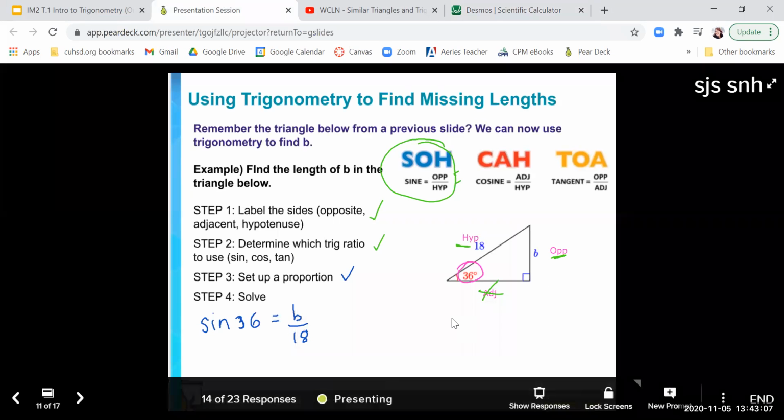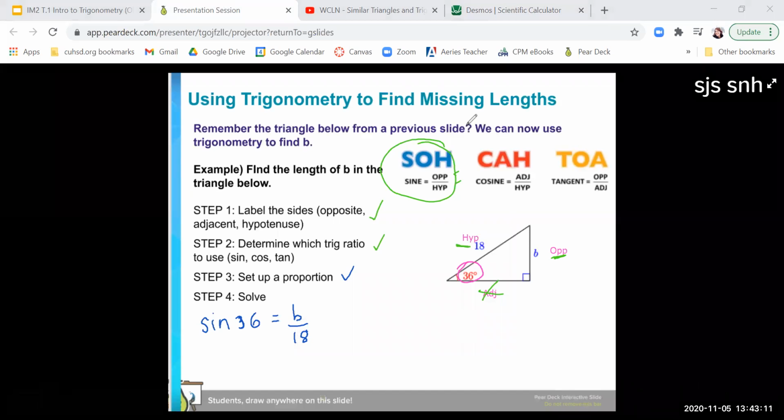So back to this. Let's pick a new color. I'm going to rewrite this as 0.5878, which is equal to b over 18. So all I did was calculate this number, sine 36 in the calculator.